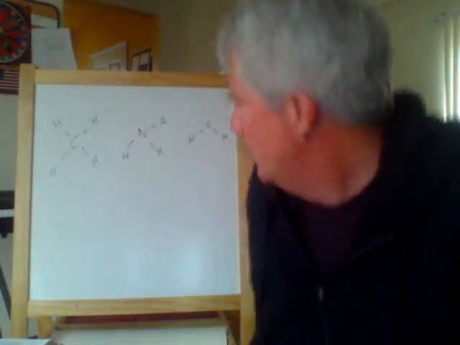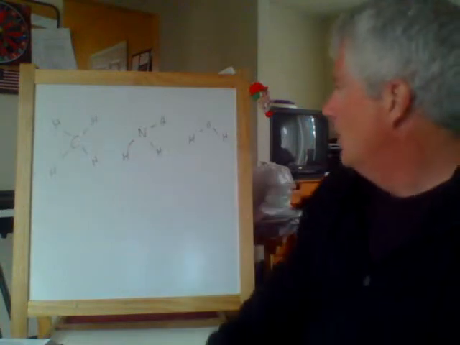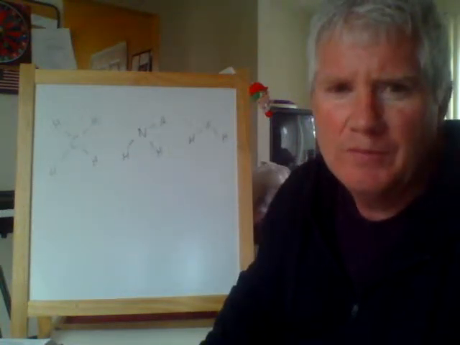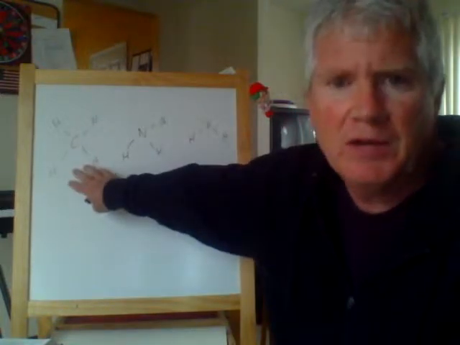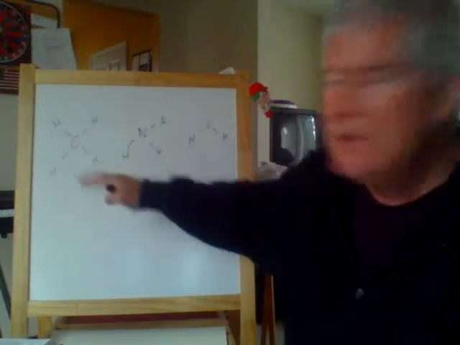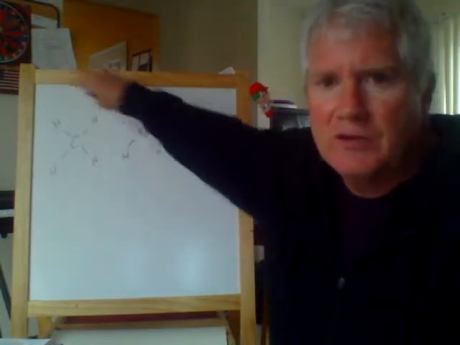So, in the molecules that we talked about in the last video, methane, ammonia, and I think I talked about carbon tetrachloride, which has the same basic shape as methane, just with chlorine instead of hydrogen.